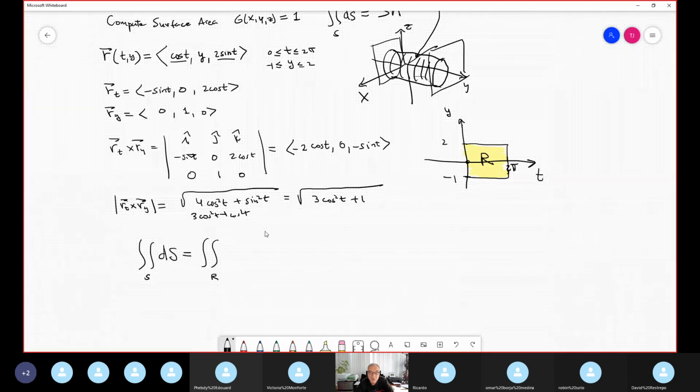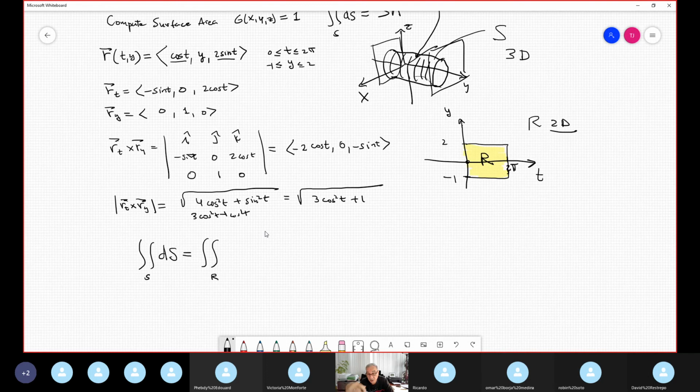I convert this surface S in 3D into this region R in 2D, but in the hypothetical plane YT. Okay, so now what should I do? When I replace this, I put the square root of 3 cosine squared T plus 1. And the differential is obvious, dy dt or dt dy. It doesn't matter, whatever you want.